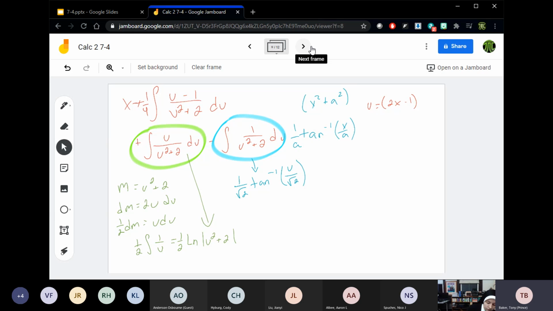So my integral for this problem is x plus 1/8 ln of (2x minus 1) squared plus 2, minus 1/4 square root of 2 tangent negative 1 of (2x minus 1) over the square root of 2, plus c is my final answer.